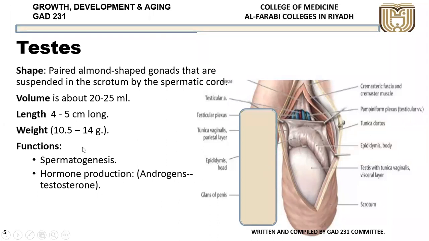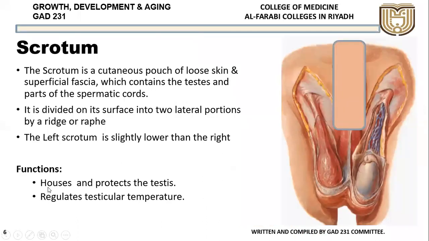Along with this main function of spermatogenesis, it also helps in the production of a hormone. The testis also acts like an endocrine gland, producing a hormone called androgen, the most important androgen being testosterone, which will give the male features to the male, like growing of beard, mustache, the girth of the person, everything. This is called the testosterone.